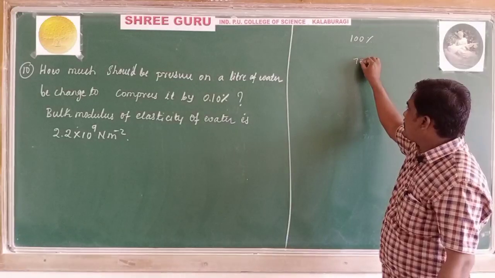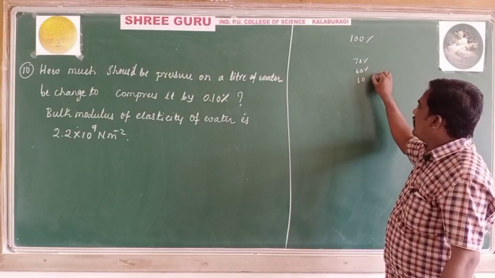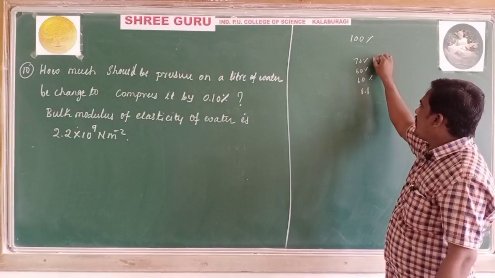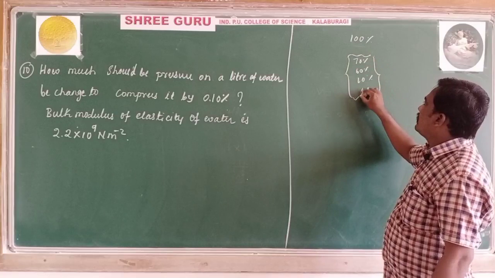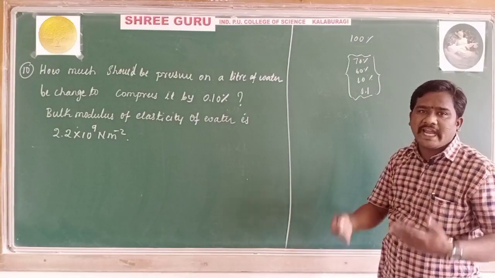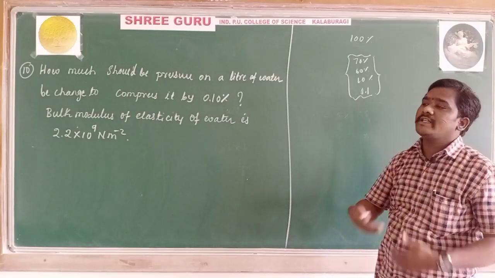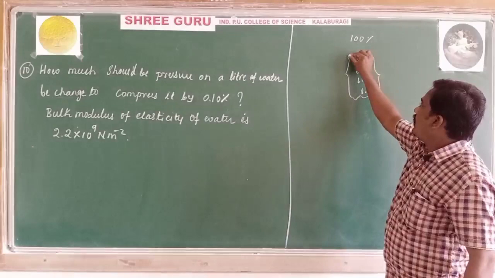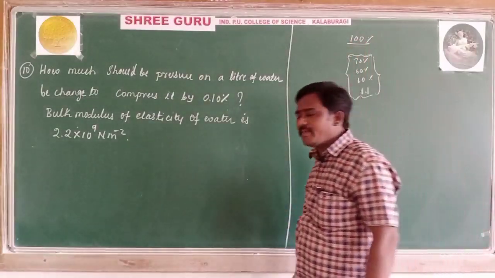These are the 70, 60, 10 and 0.1. These all are the changed value. After a certain time or a certain temperature or a certain work done, volume changes. The initial volume is definitely 100%.